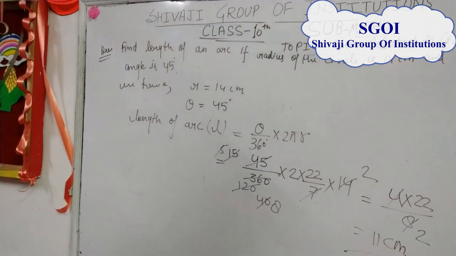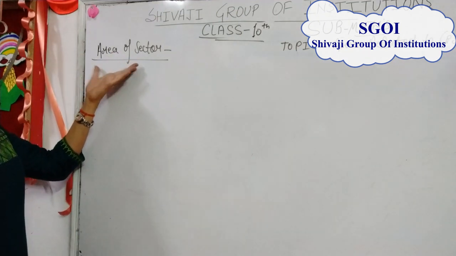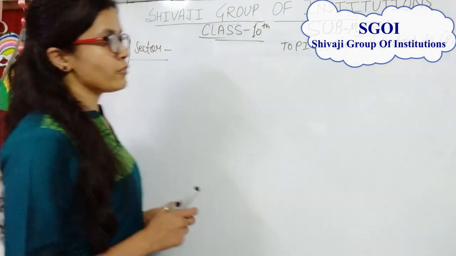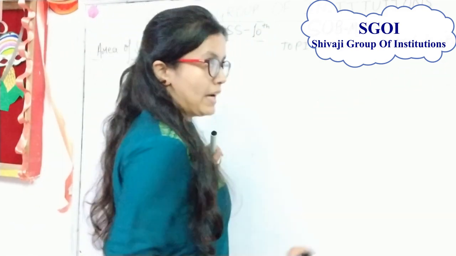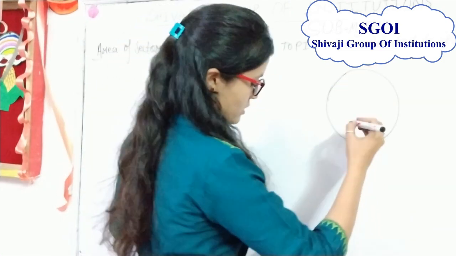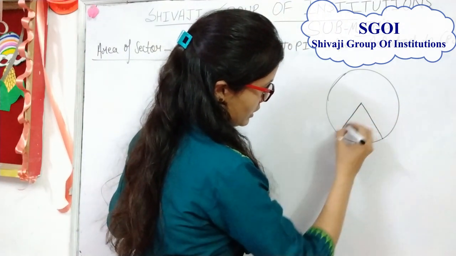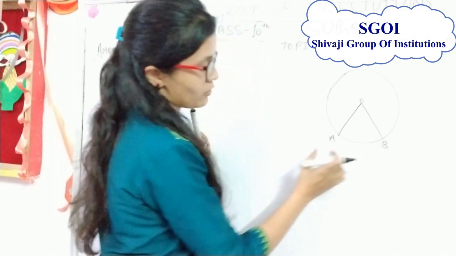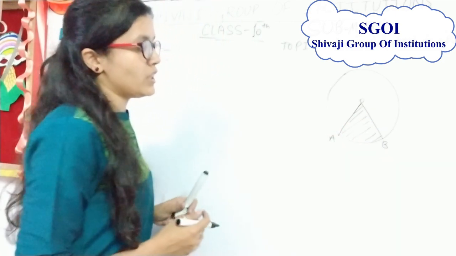Now students, the next topic is how we find the area of a sector. Before that, we want to know what a sector is. Students, the region enclosed by an arc of a circle and its two radii OA and OB, where AB is the arc of the circle, is called the sector of the circle.